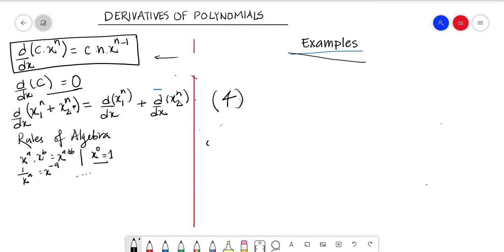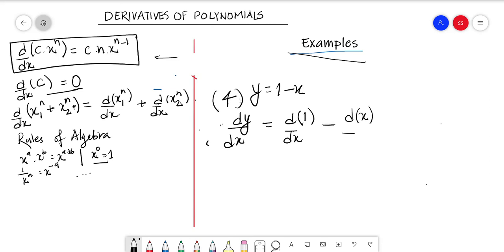Example number 4. Say you have y equals 1 minus x. Then your derivative dy by dx would be the derivative of your first term minus the derivative of your second term, right?